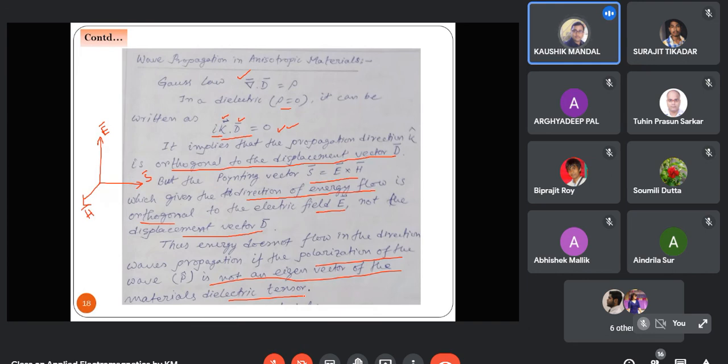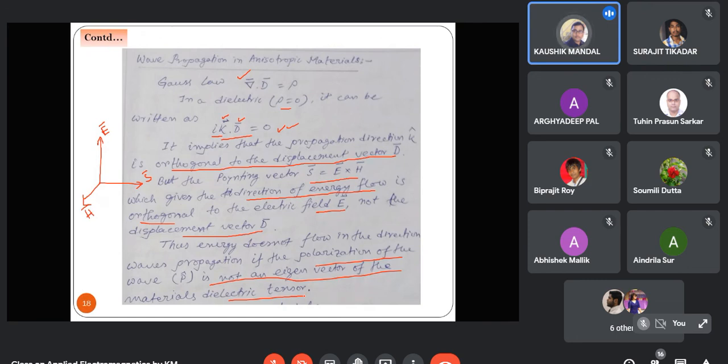So that is the basic discussion about the wave propagation in anisotropic materials. We have covered so far the discussion about the susceptibility tensor and dielectric tensor. We have proved that the dielectric tensor is Hermitian in nature.